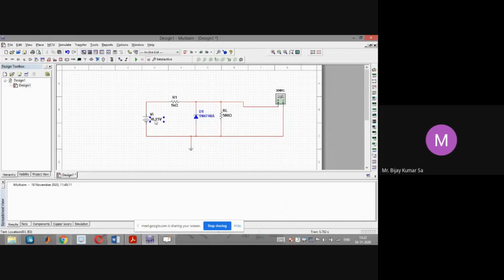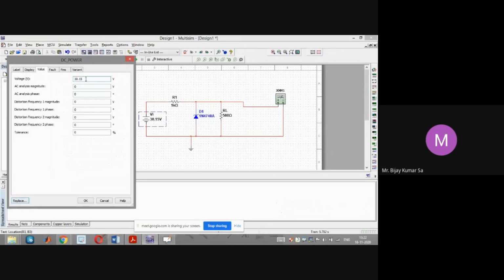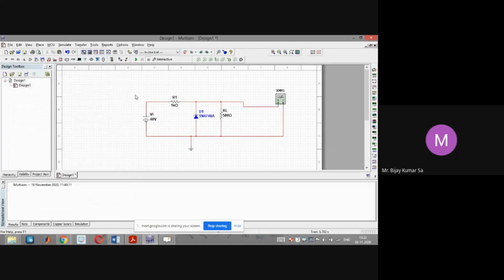If you still increase the voltage, let's say I increase to 40 volts. We already know that VI minimum is 30.15. But if I increase the VI to as high as 40 volt, how much voltage is expected at the output?